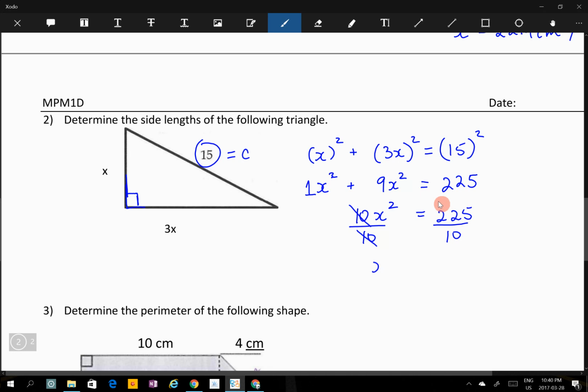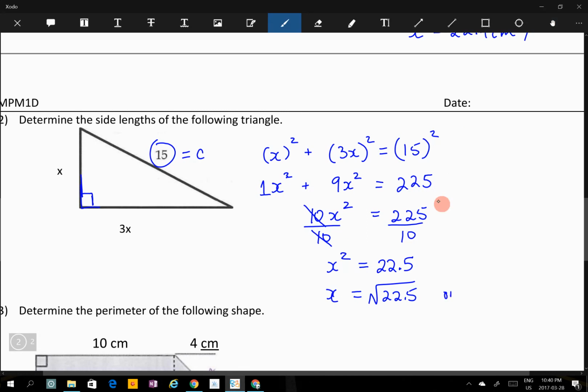So these two cancel, and I'm left with x squared equals 225 divided by 10. I'll write this as a decimal, 22.5. And then if I want to find x, I've got to take the square root. The square root of 22.5 is 4.74.